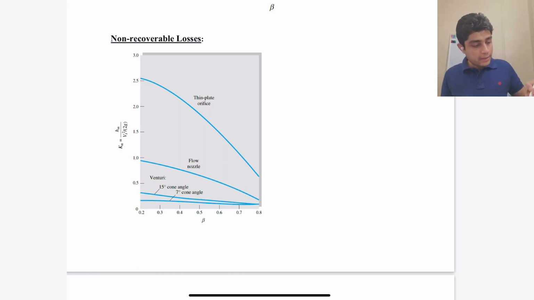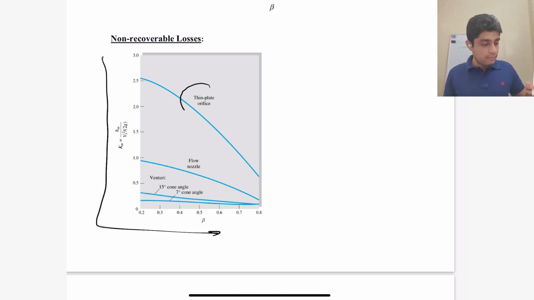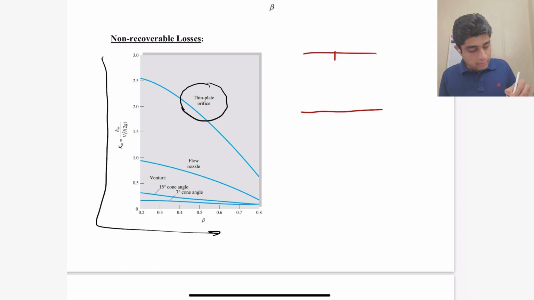So as expected, this plot here gives the minor losses for an orifice plate, flow nozzle, and a venturi, and the losses are maximum for an orifice plate meter compared to the flow nozzle and the venturi, because, again, I'll plot the flow from an orifice meter.